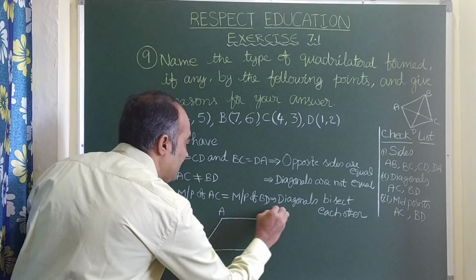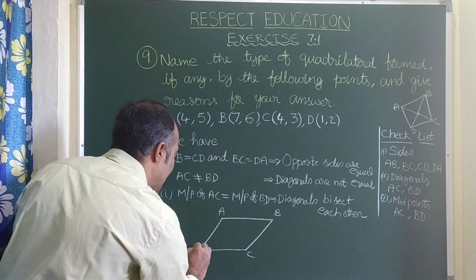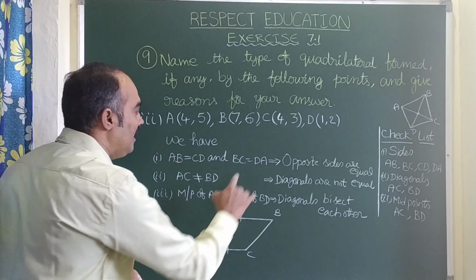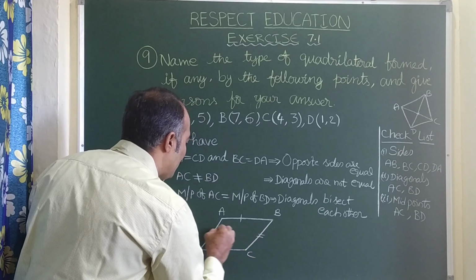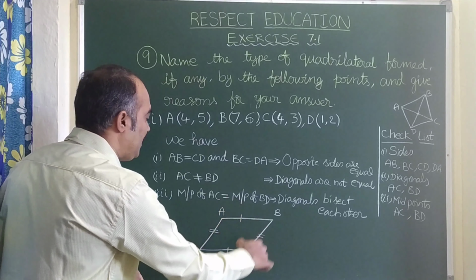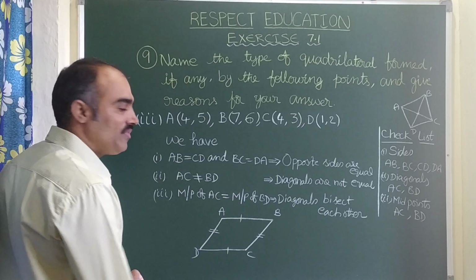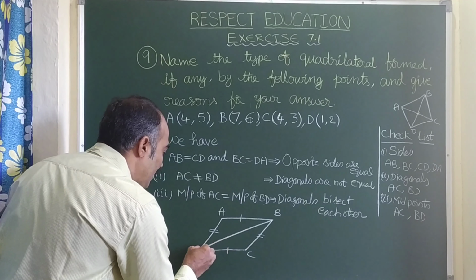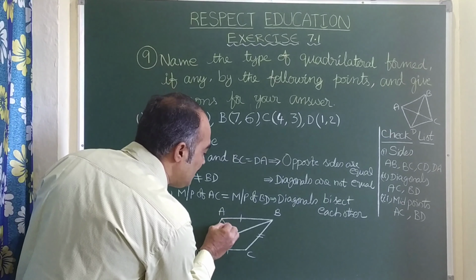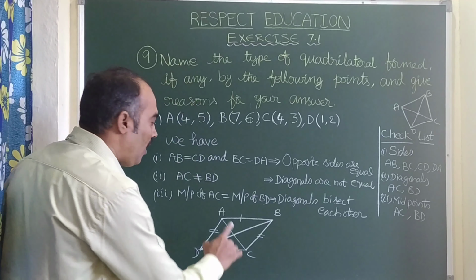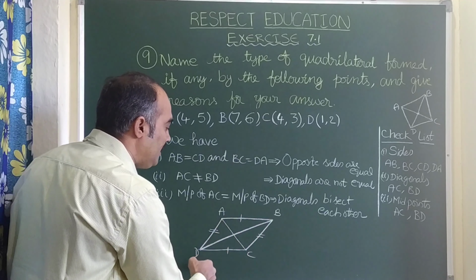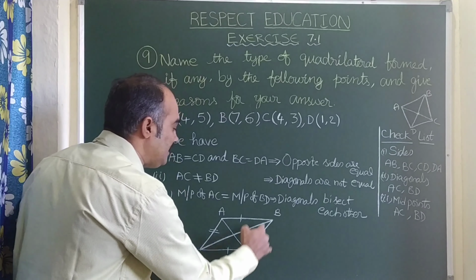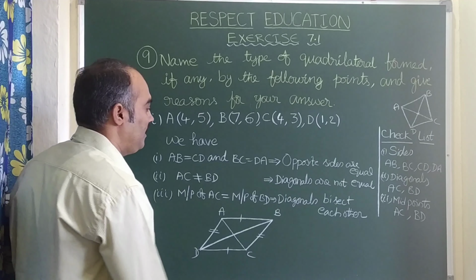I am taking it as A, B, C and D, in which AB and CD are equal, and BC and DA are also equal. First condition satisfied. Second, AC not equal to BD. See here, BD is the longer diagonal and AC is the shorter one. On comparing these 2, one is longer, one is shorter, so the diagonals are not equal.